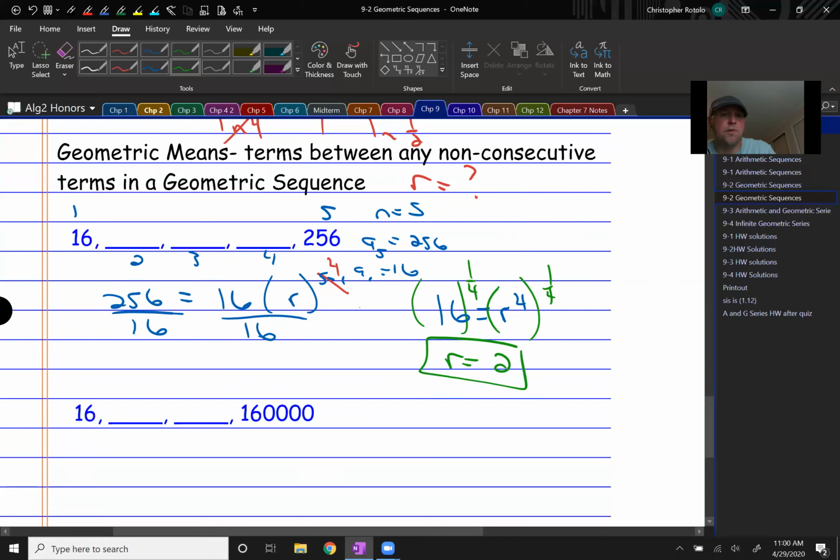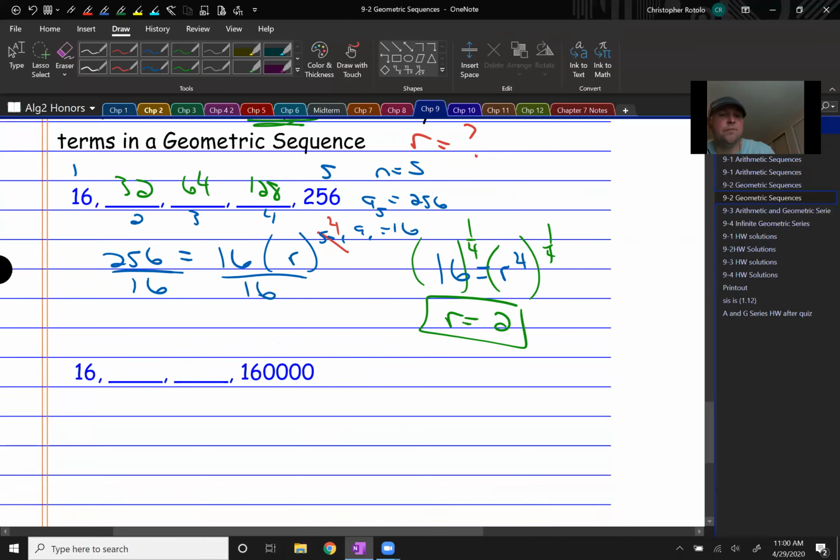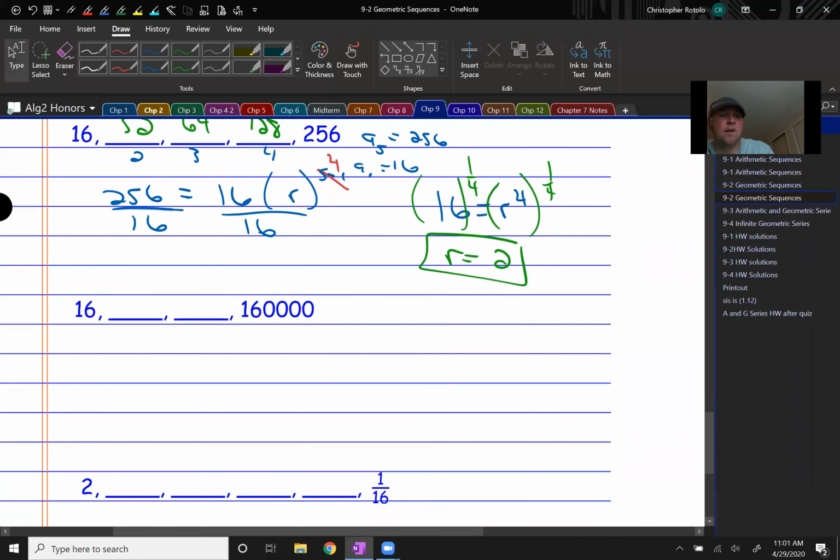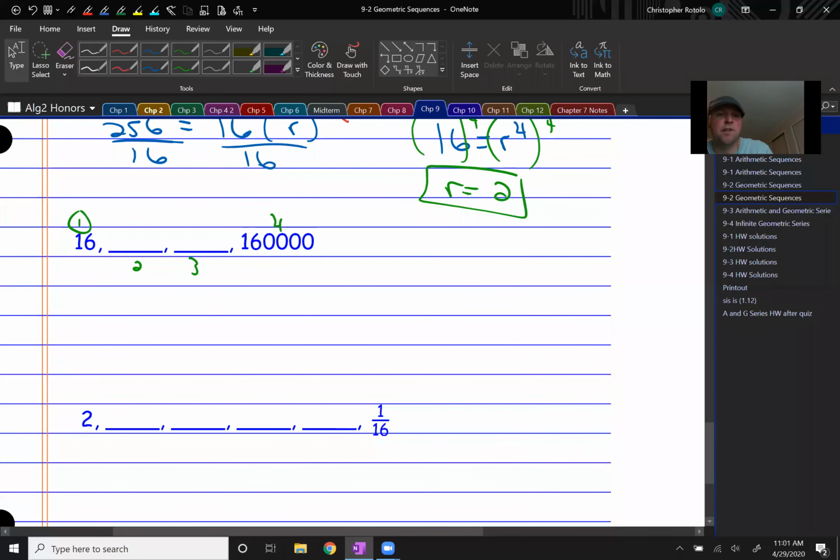So make sure that we find the terms, right? That's the question. So that means I do have to multiply this to get 32, 64, 128. That was not too bad. All right, term 1, 2, 3, 4. That helps us fill everything in.